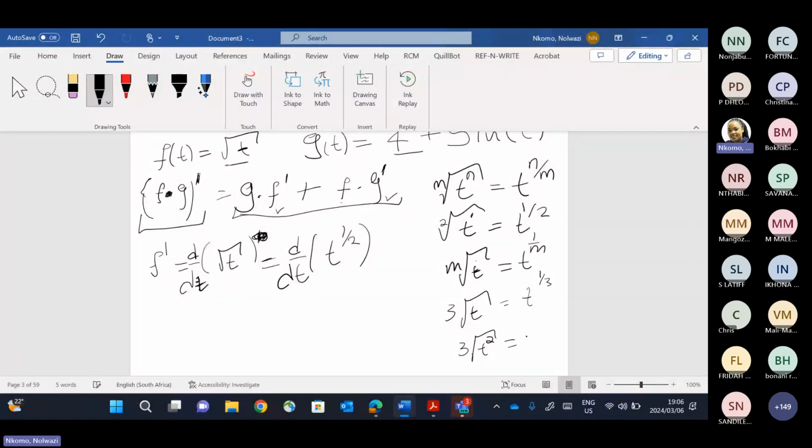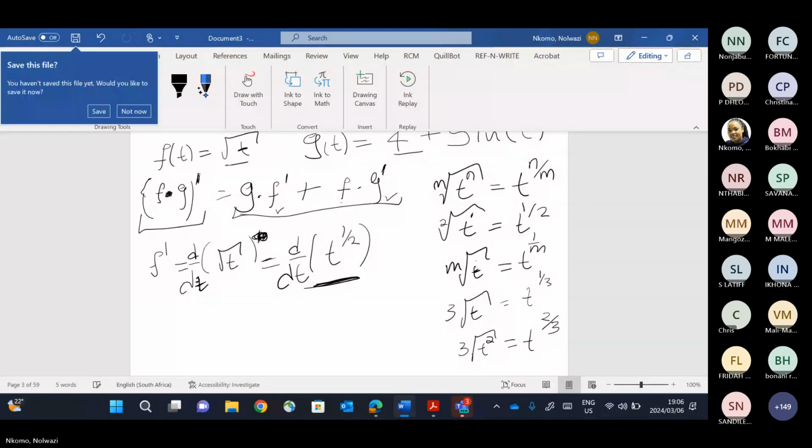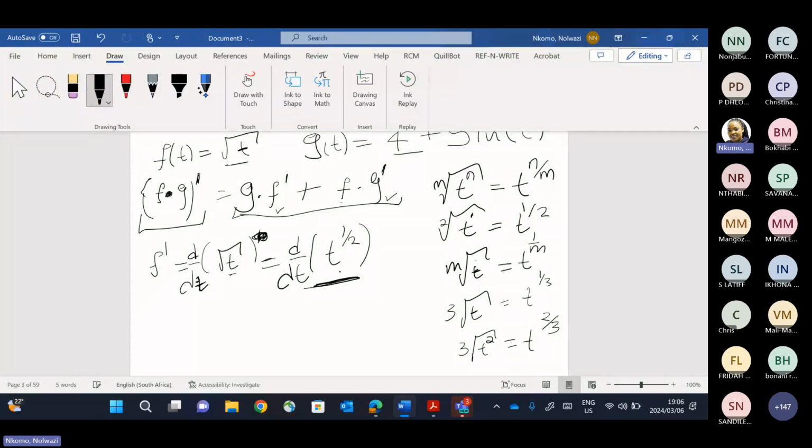We are here. If you simplify this, you have t to the power a half. Remember, we are trying to find the derivative of this function, and we haven't differentiated it yet.